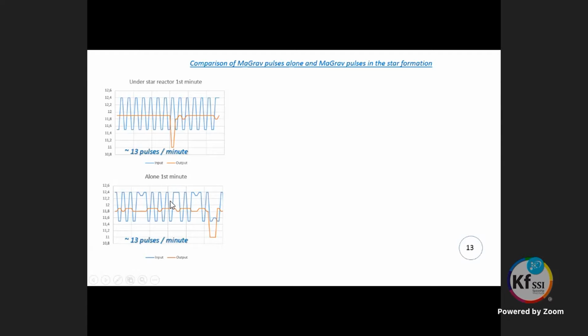The first minute of the film under star formation. It's very regular. When the Magrav is alone, some pulses are different, you know? Yeah.